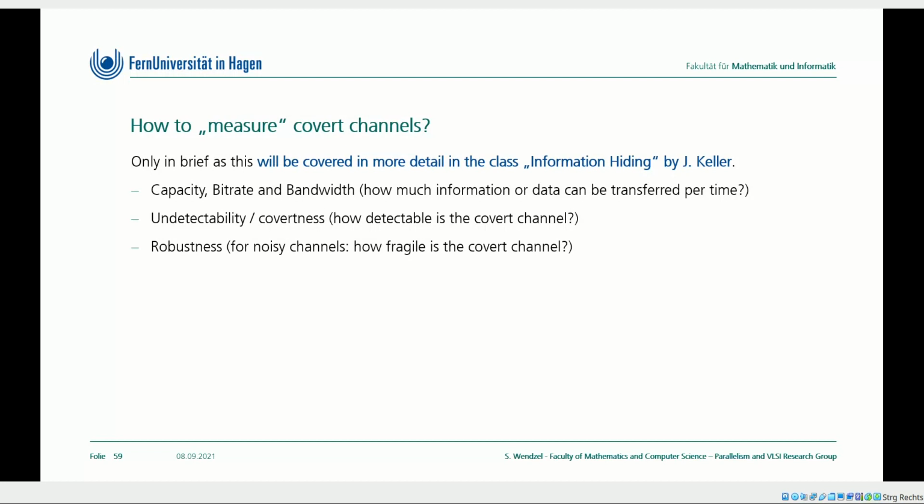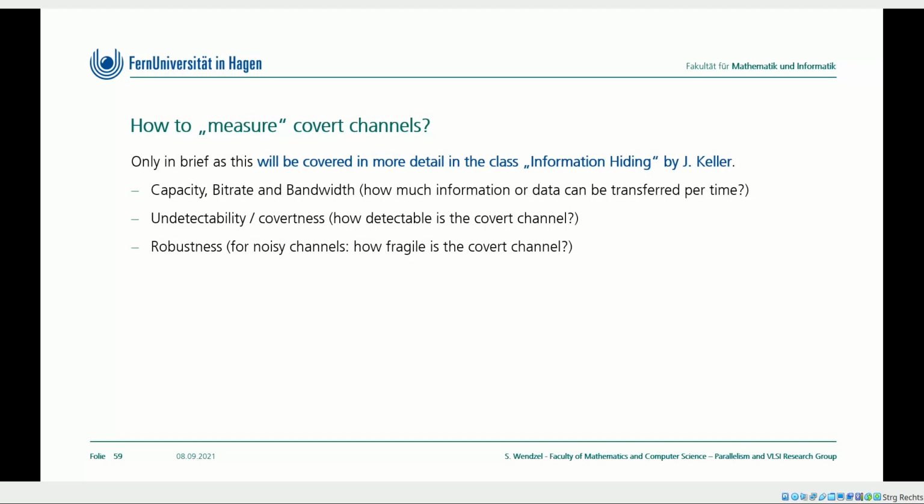Undetectability or covertness is how detectable a covert channel is. However, there are different ways to describe this. And robustness is only valid for noisy channels. It explains how fragile a covert channel is, so how much distortion of the carrier can be survived with the information, the secret information of course, still being present.